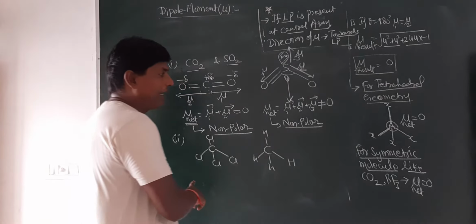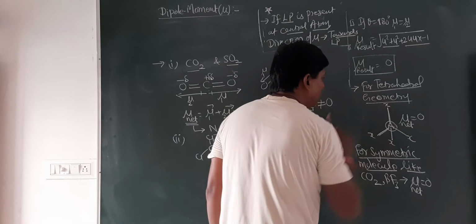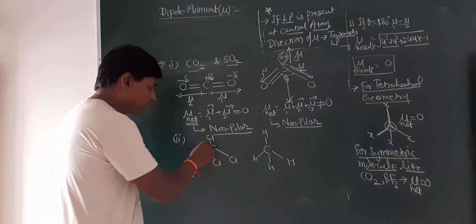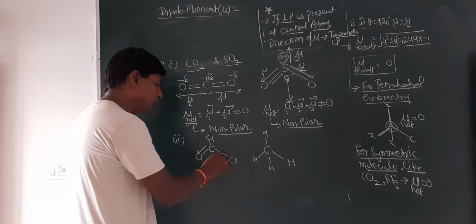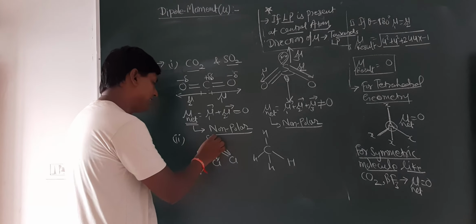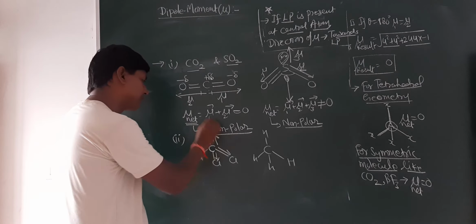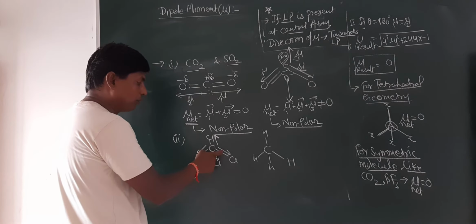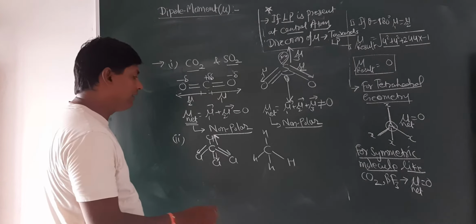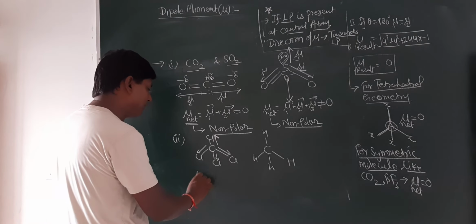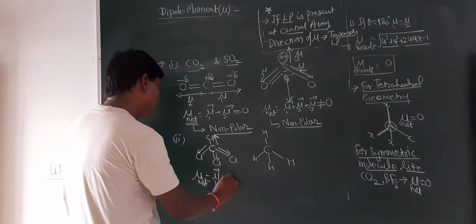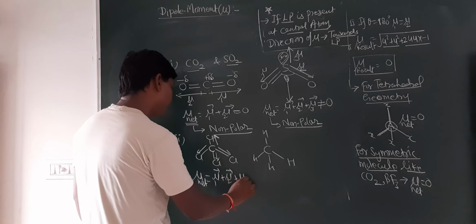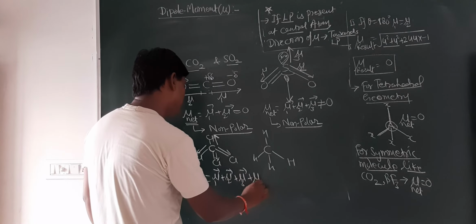We have understood that for tetrahedral geometry, the dipoles are this mu1, this mu2, this mu3 and this mu4. And we have understood that mu net will be the vector sum of mu1, mu2, mu3 and mu4.